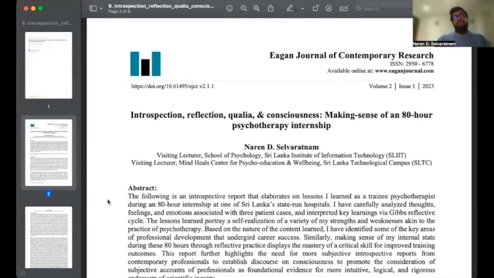Now this is a highly subjective report, an introspective report. Let's understand why exactly one needs to have an introspective report. As psychologists in our field, it's very important that we revisit our thought process while we work with people. When I work with someone, sometimes I sense that I tend to be judgy.